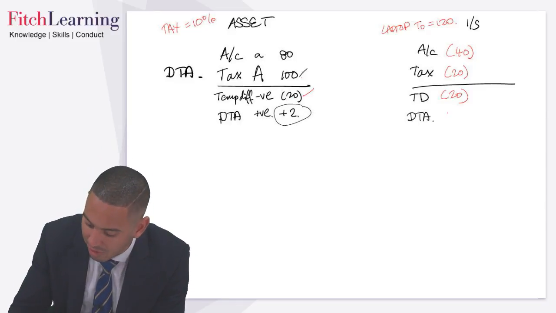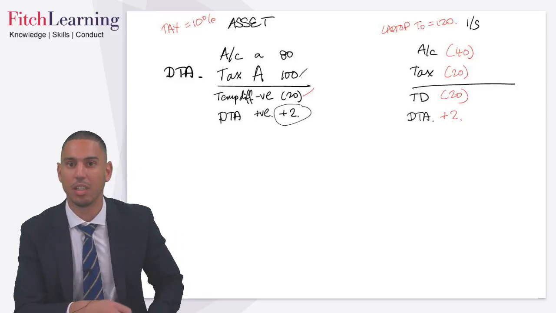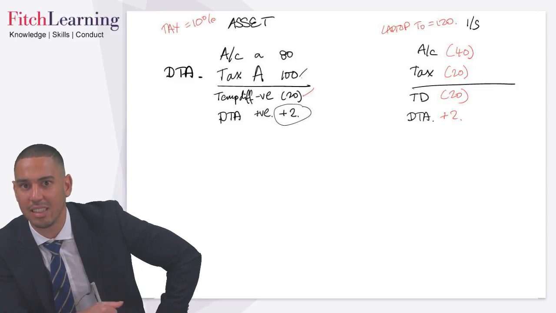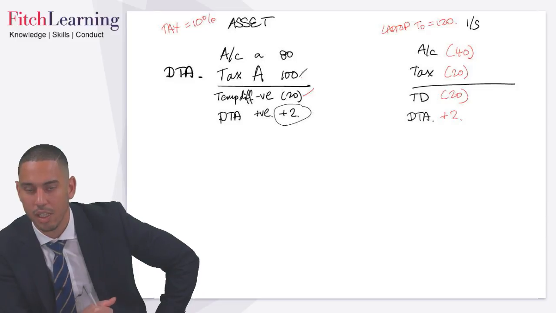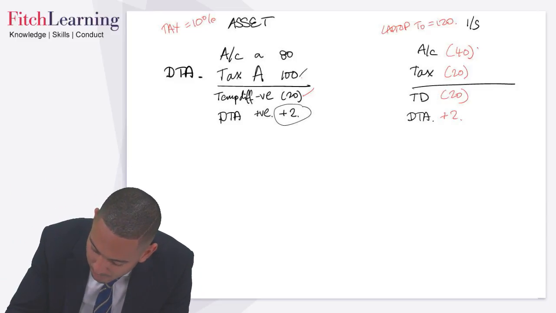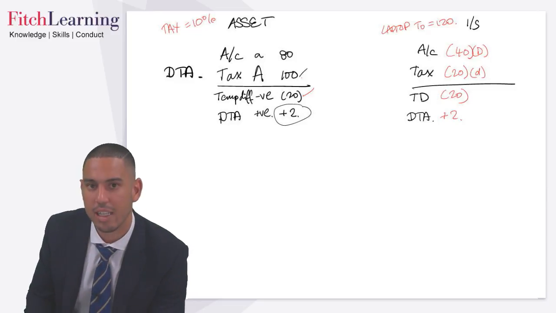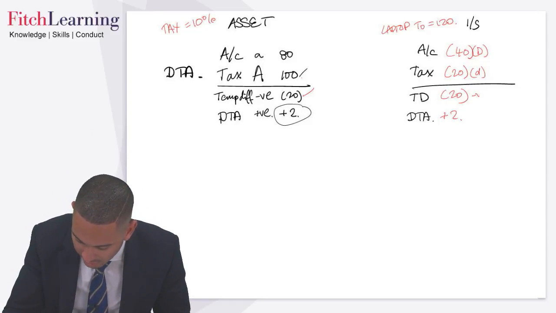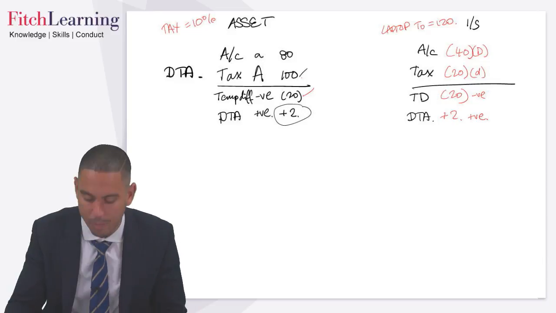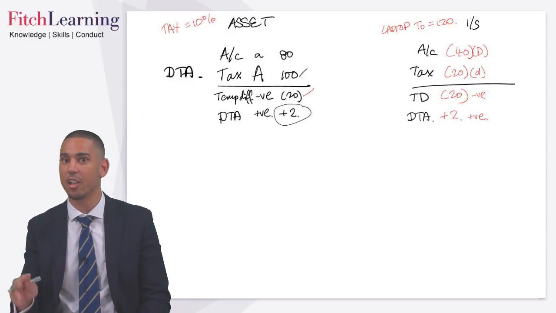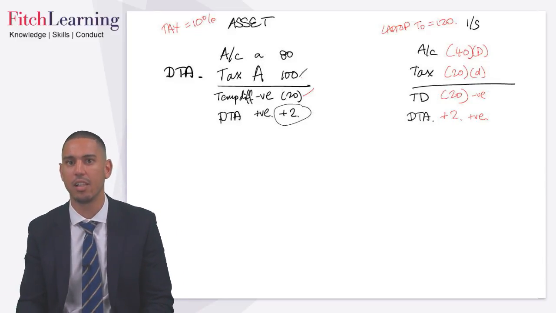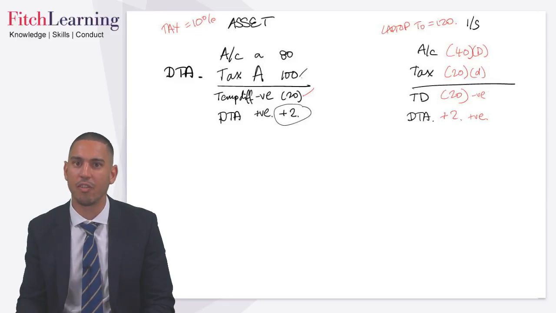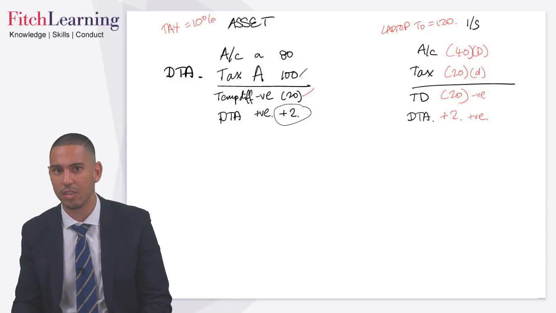And I apply a tax rate of 10%. My deferred tax asset is +2. So here I'm saying my accounting depreciation is bigger than the depreciation according to the tax authority, and that gives me a negative figure, which gives me a positive deferred tax asset. And I could do this for depreciation. I could do this for profits.